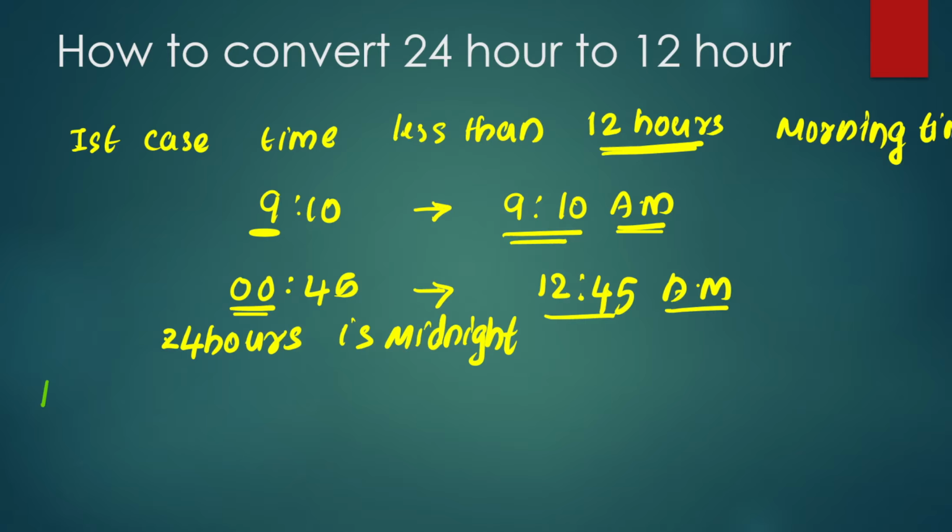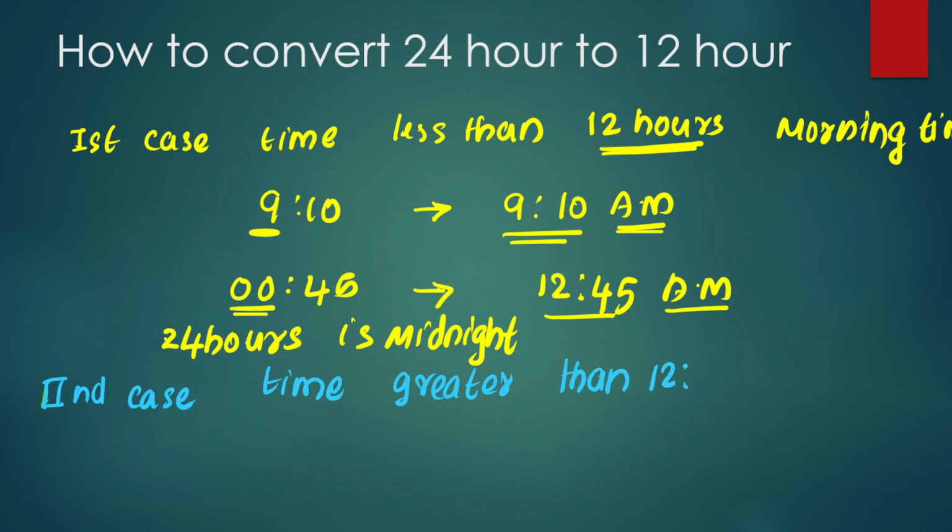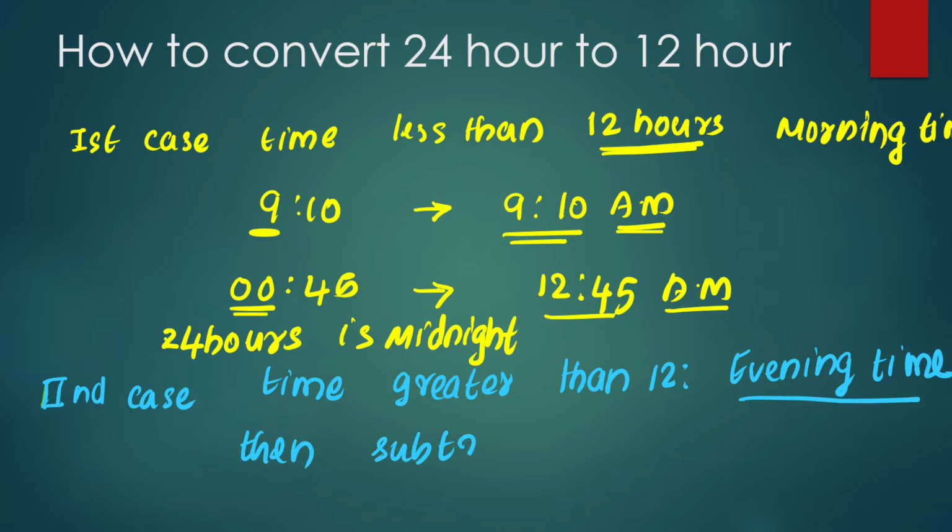The second case is time greater than 12. If the time is greater than 12, that is the evening time. Then you subtract 12 from that time.